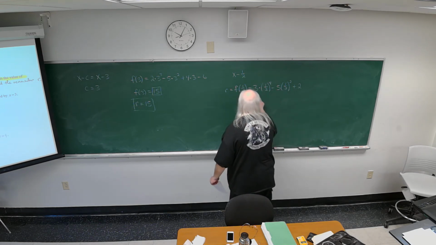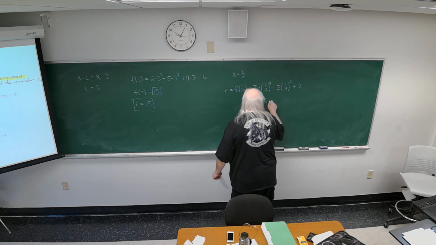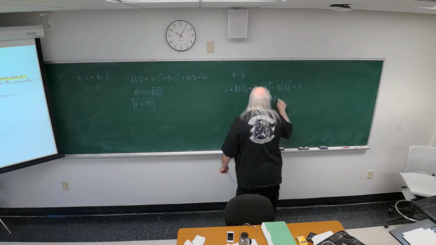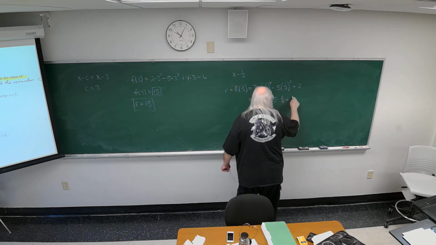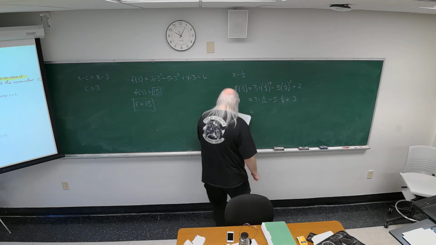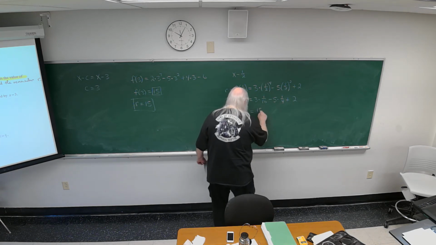Now you've got fractions. 1/2 to the 4th is 1/16. 1/2 squared is 1/4. Plus 2. I'll leave it to you to verify that that simplifies to 15/16.